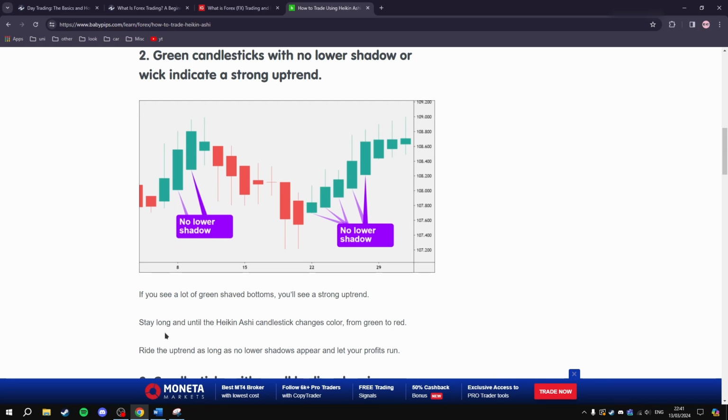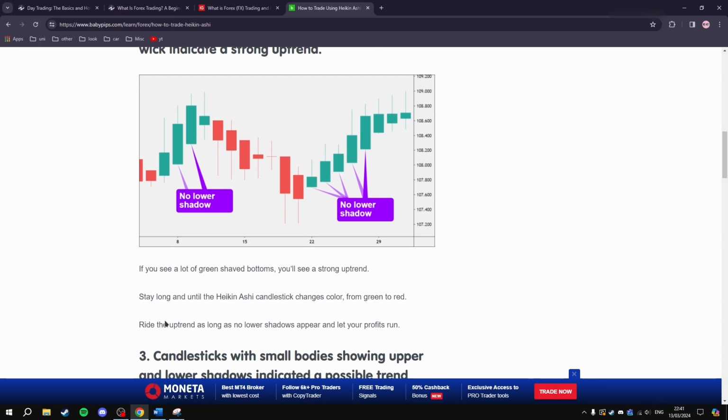If you see a lot of green flat bottoms, you will see a strong uptrend. Stay long until the heikin ashi candlestick changes color from green to red. Ride the uptrend as long as no lower shadows appear and let your profits run.